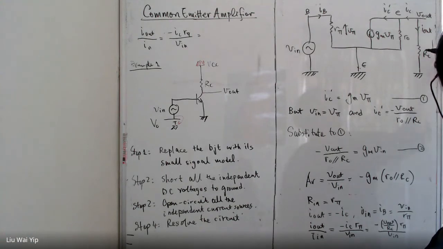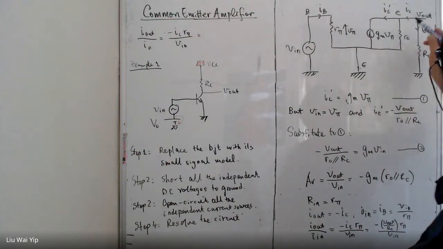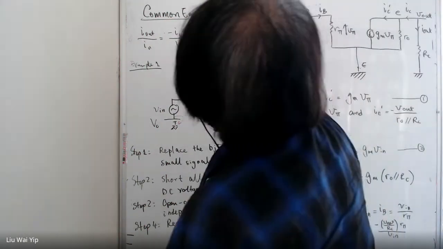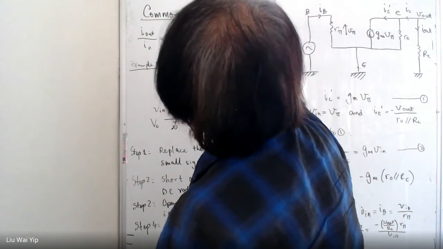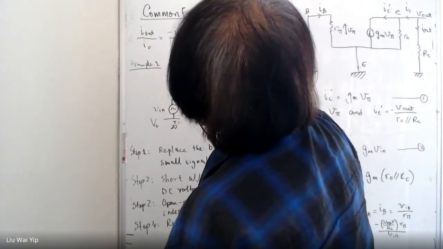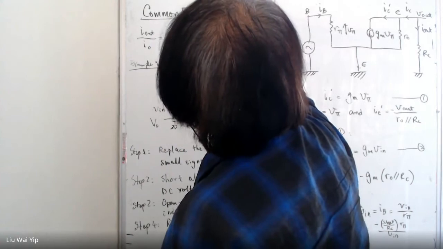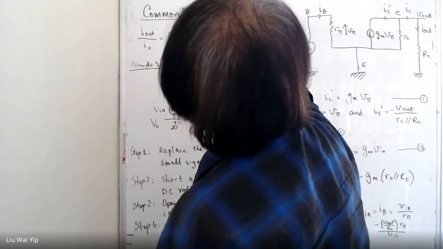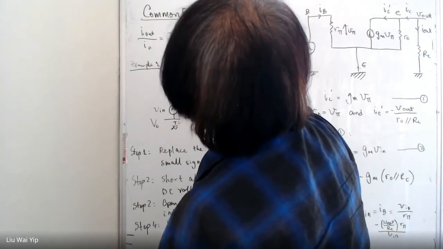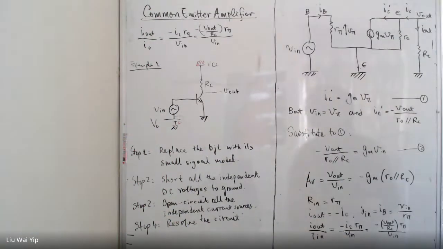V out divided by RC, and then take the minus. We will get the value of IC. So, R pi, and then V in. Now it's pretty clear.